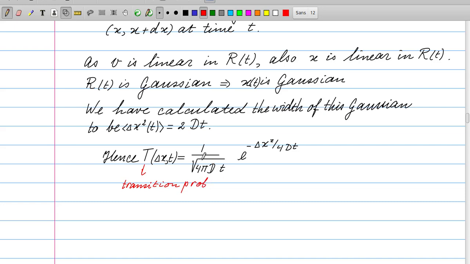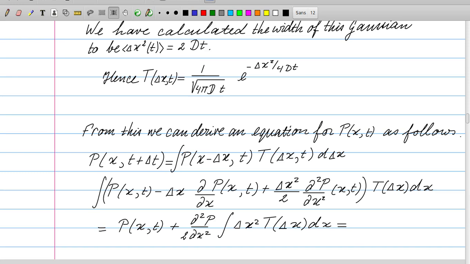That should therefore be a Gaussian, because we know that the average of a random step is 0. The width of the Gaussian is known, so we can immediately write it up. It also contains a normalization factor, which is induced by this term in the denominator of the exponent.